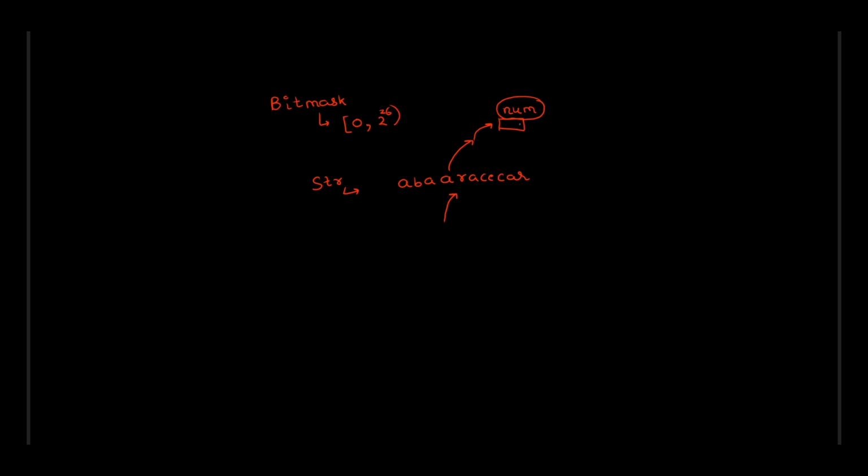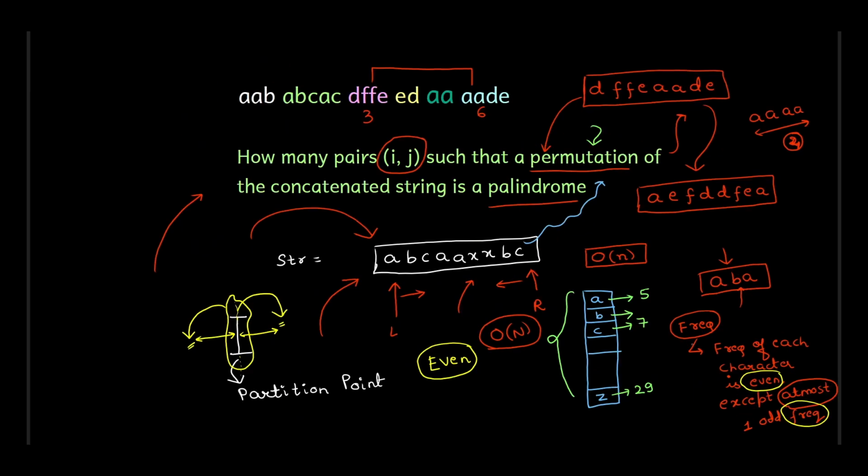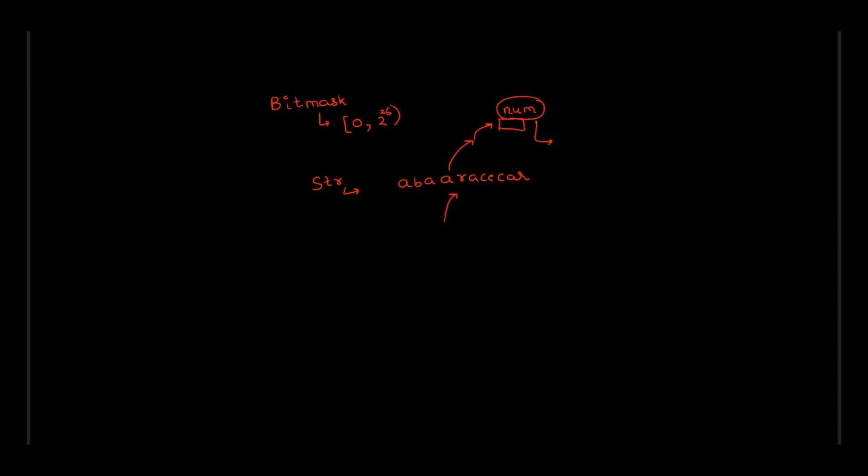Can you conclude whether at least one permutation will be a palindrome? Yes. In the original problem, we concluded that there should be a maximum of one odd frequency. This means that in this number there should be a maximum of one set bit.